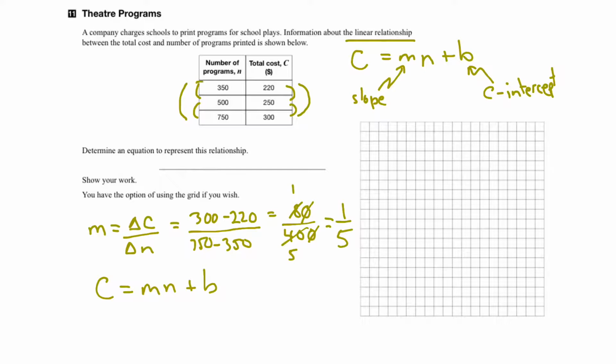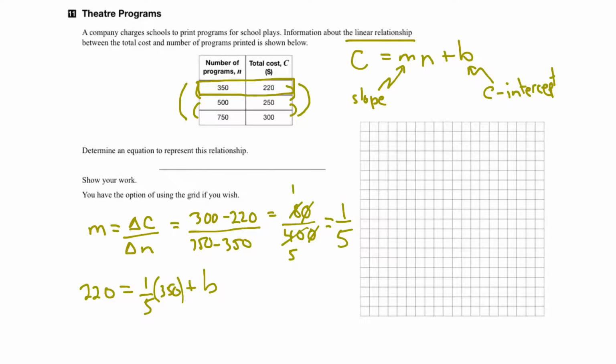And we're going to choose this first point here for our values for C and n. So in for C goes 220, in for m goes 1/5, in for n goes 350. And then we solve for b.